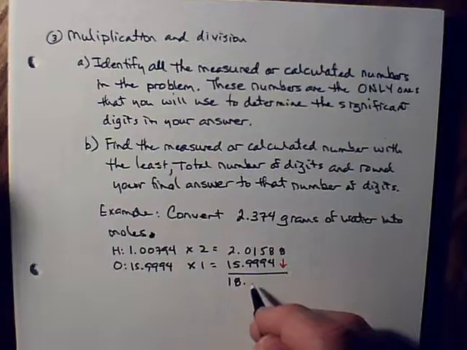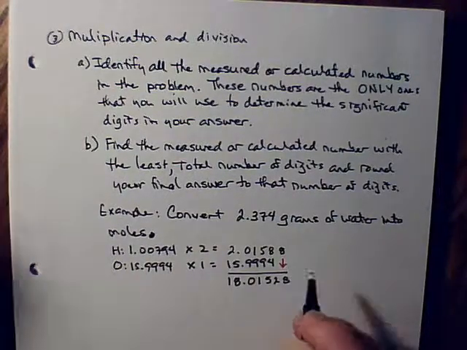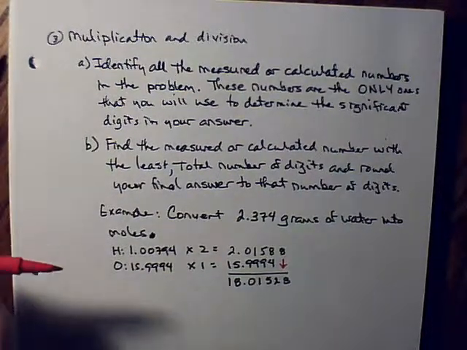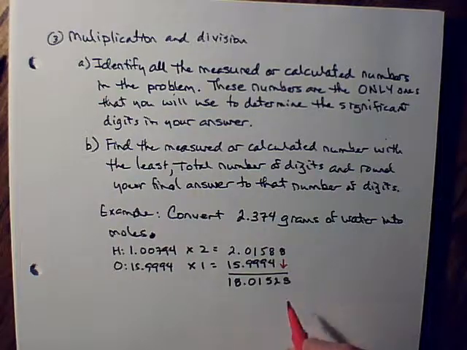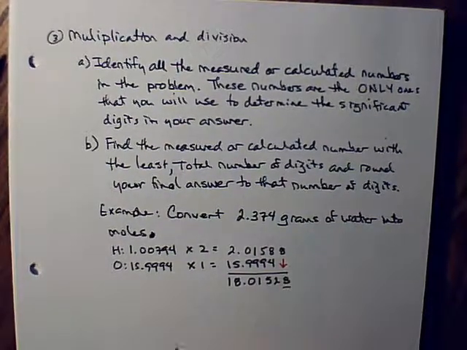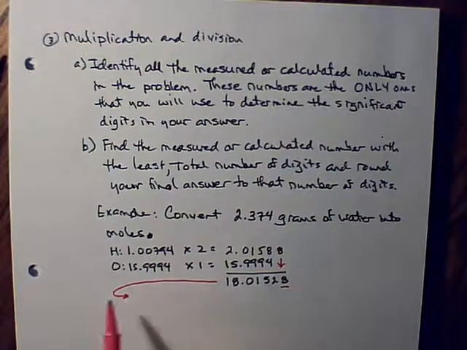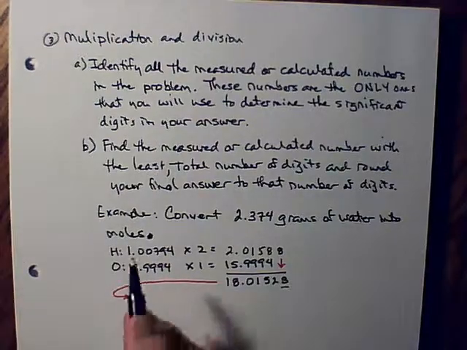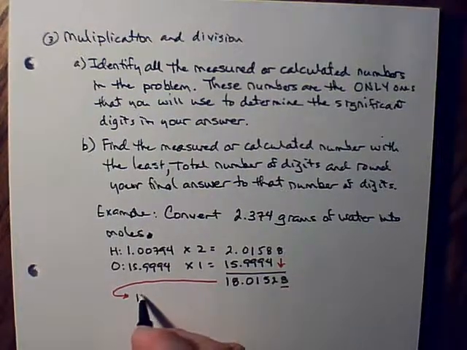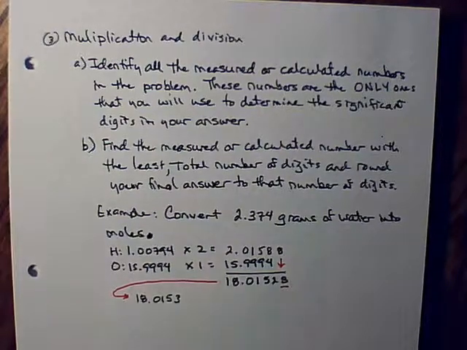So we're adding these numbers together. We've got 18.01528. Using the same rules we just learned about addition and subtraction, we're going to underline the digit with the empty slot or the arrow placekeeper. We're going to draw an arrow to show that we're rounding off. We can't use an equal sign. And we write the rounded off answer, 18.0153.